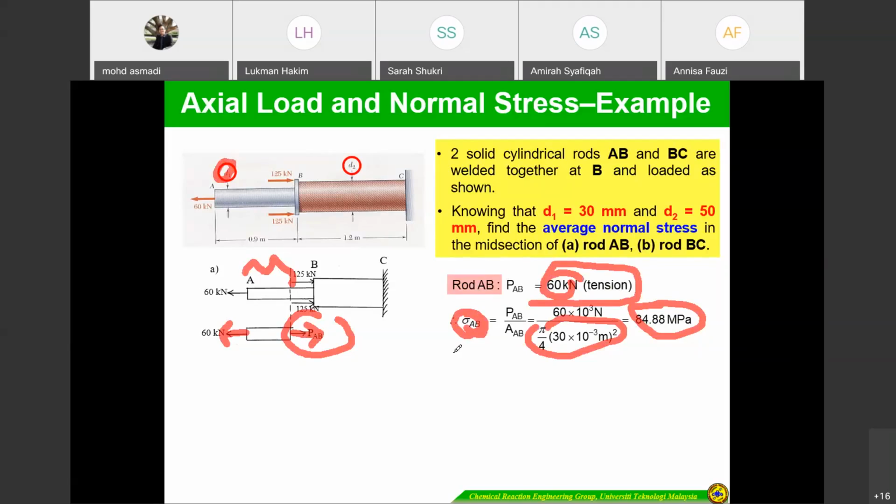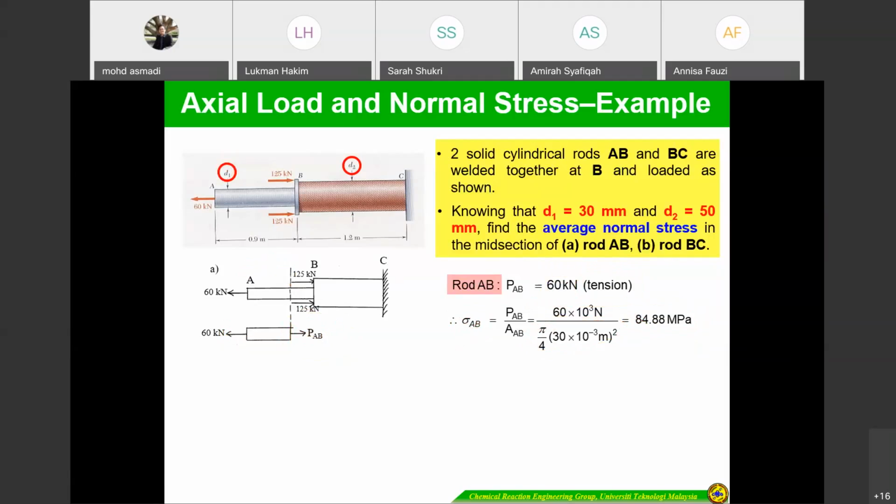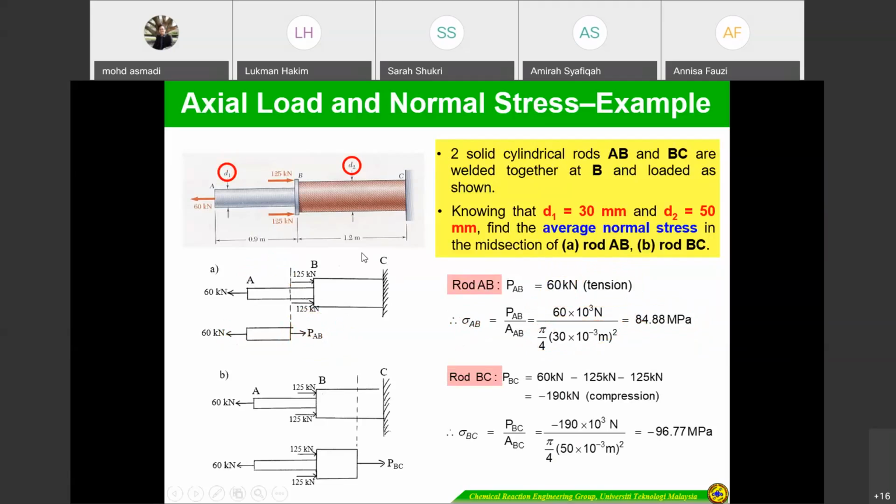How about rod BC? You have to cut rod BC in the midsection.